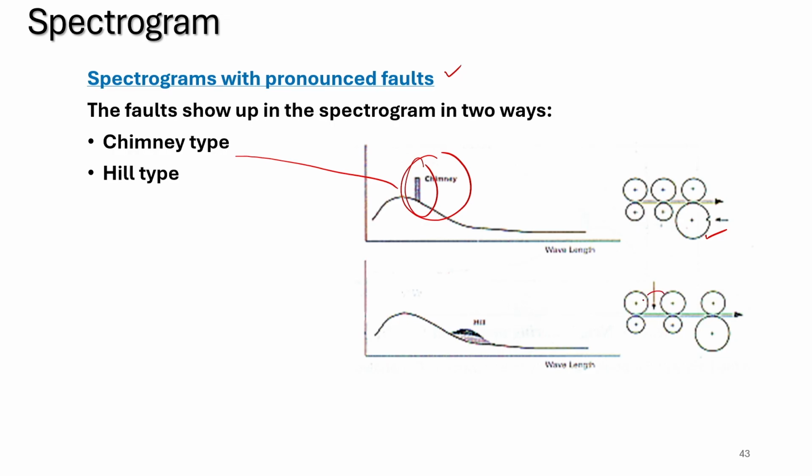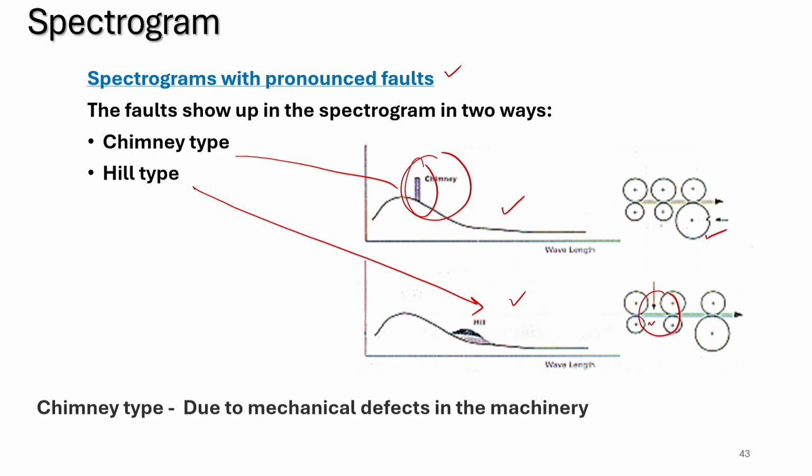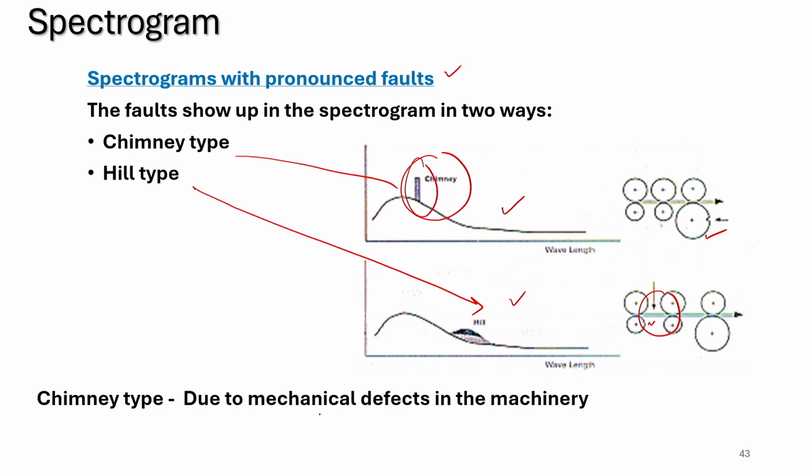But in case of a problem in the drafting zone, suppose there is a large number of floating fibers, drafting wave is generated, and there we get the hill type spectrogram. Both the hill type and chimney type are useful. Depending on their nature we can take action. Chimney is due to mechanical fault of the machinery, and hill type is due to drafting wave.